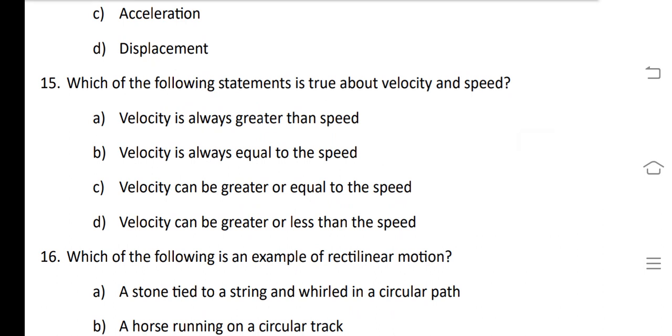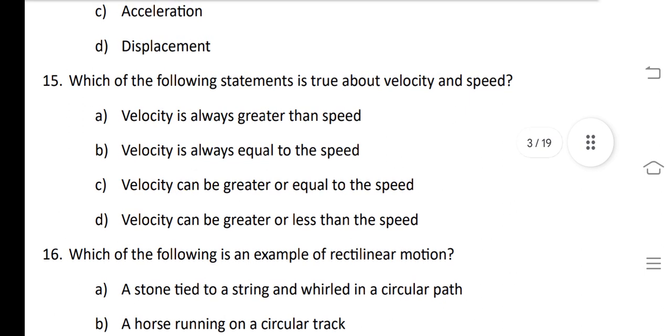In the next question, which of the following statement is true about velocity and displacement and speed? First of all, we have to think that where the two quantities differ. These two quantities differ by the formula. In velocity, we say displacement upon time, and in case of speed, we say distance divided by time.